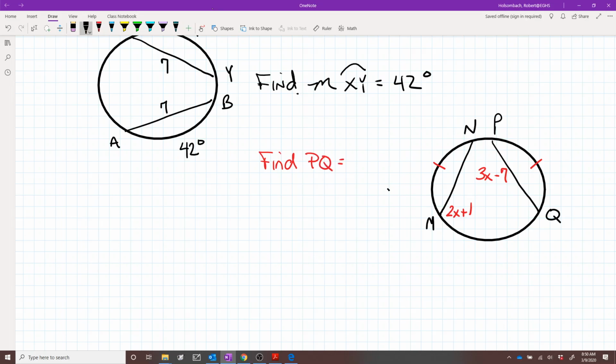So what you would need to do first is, if these two arcs are congruent to each other, then their corresponding chords are congruent to each other. So your 2x plus 1 is equal to 3x minus 7. And then you can subtract 2x from each side.